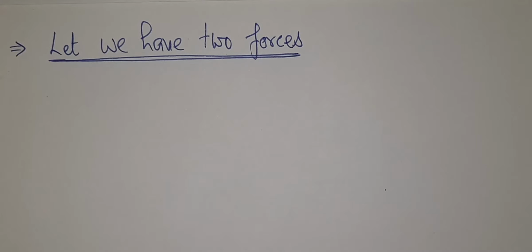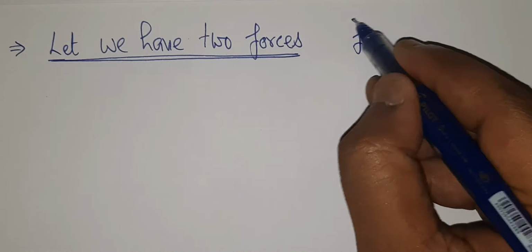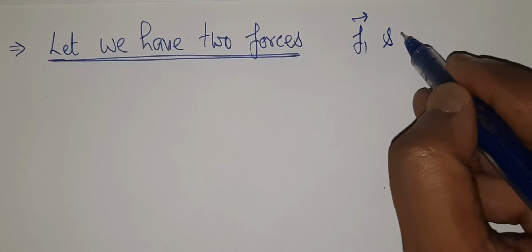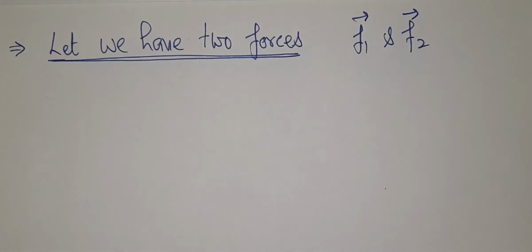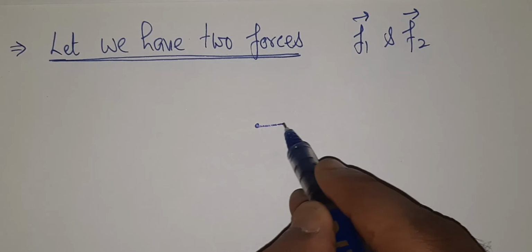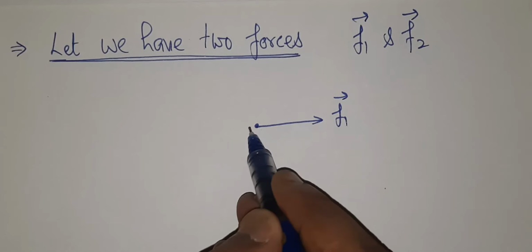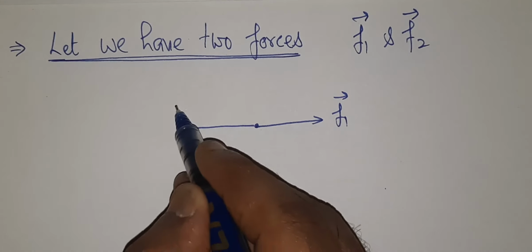Whenever I am saying body, take that particular body as a point mass. We have two forces, one is F1 and another is F2. They both are acting at a point. See, one is like this, F1, and another is like this.